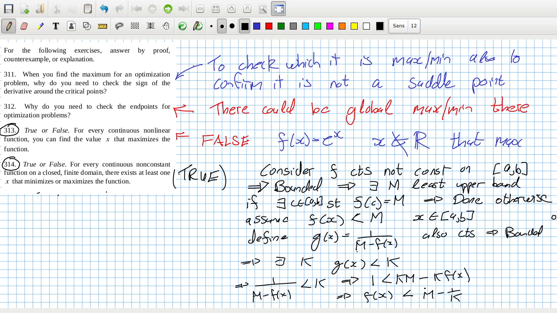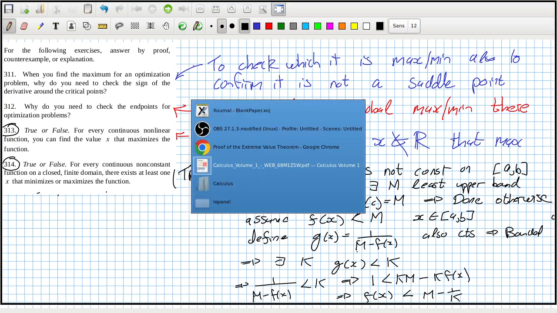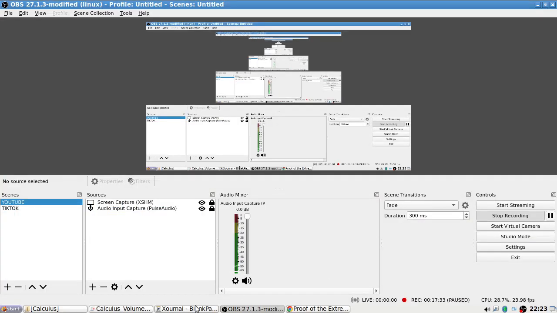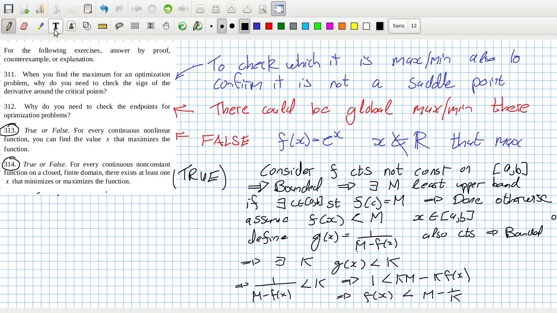And it kind of contradicts what we said earlier, doesn't it? This here contradicts that M is the least upper bound, meaning that there is some number smaller than M that can do this job. So it's a contradiction.